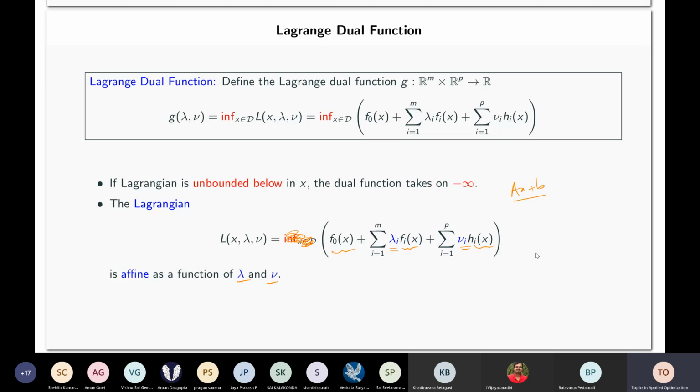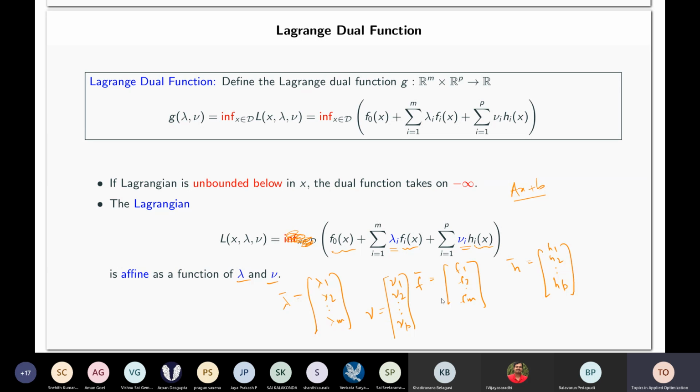So I can write this in that form. I can define a vector f to be f1, f2, up to fm, and a vector h to be h1, h2, up to hp, and the lambda vector is lambda 1, lambda 2, up to lambda m, and the nu vector is nu 1, nu 2, up to nu p.